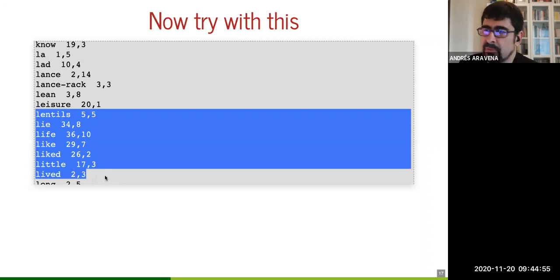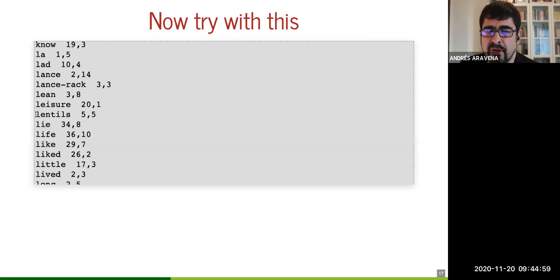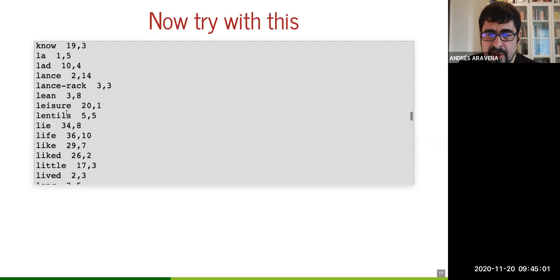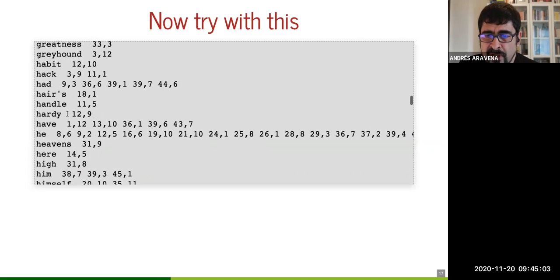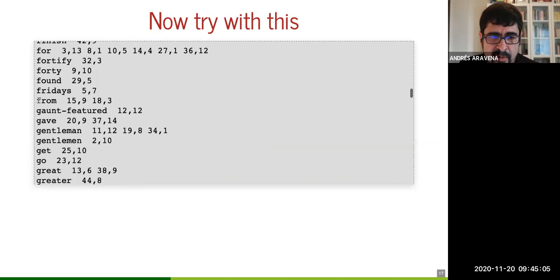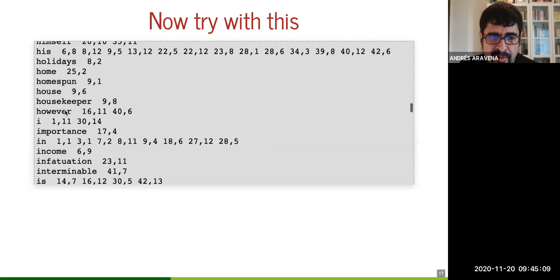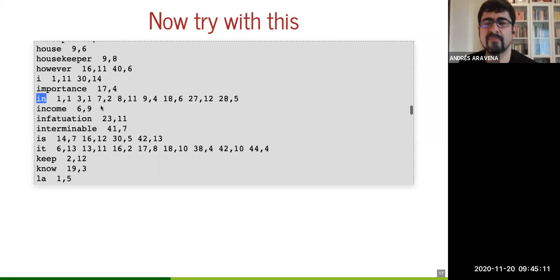All this part is useless for me, so I ignore it. I divided the problem by half. And then I go to half of what is remaining, and I compare. This is too little. Then I go to the middle of this, and I got somewhere like here. Ah, found it.